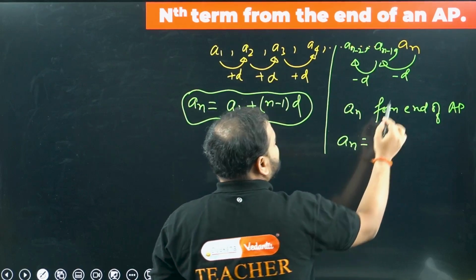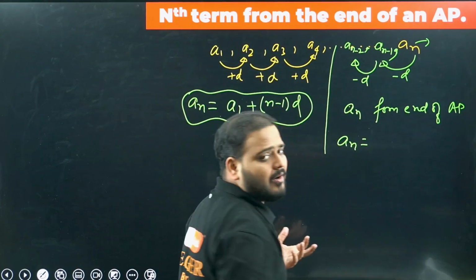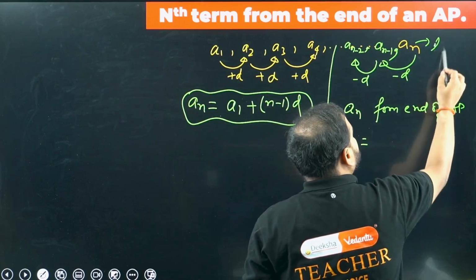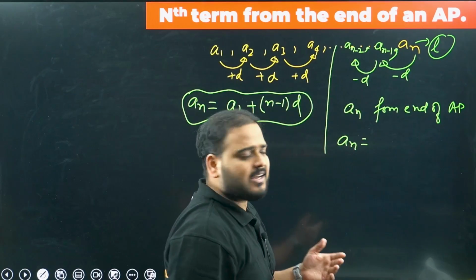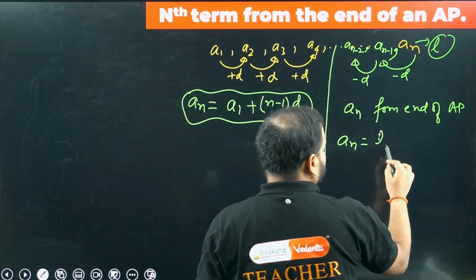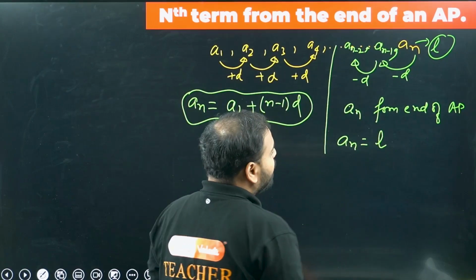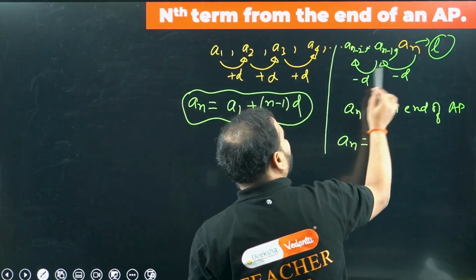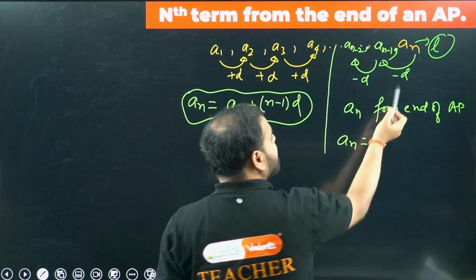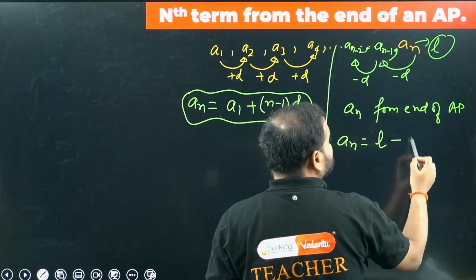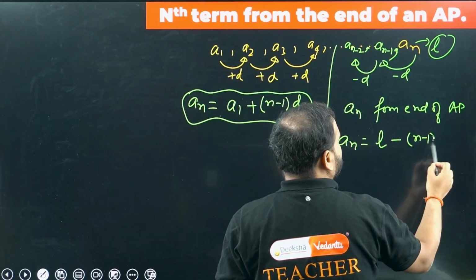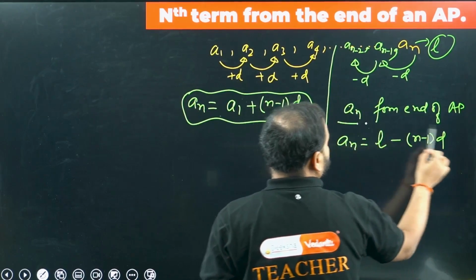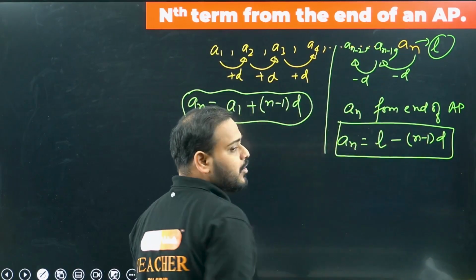This last term will become simply L, the last term. But will you add D with the last term or subtract it? Think about it. You're going to subtract, right? Minus D. Same thing, sir, the formula looks like this.